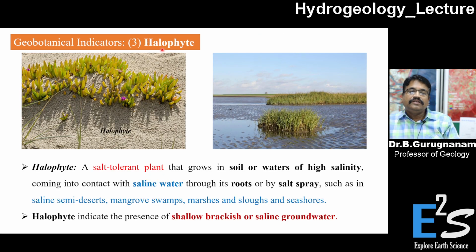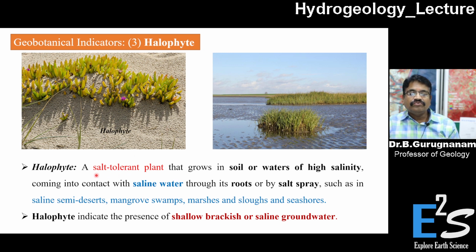The third type is halophyte. You see, this is halophyte in a dry region and in a wet region. It is a salt tolerant plant. In both figures which you can see, this is backwater and this is the soil itself, which looks like a high enrichment of salt.